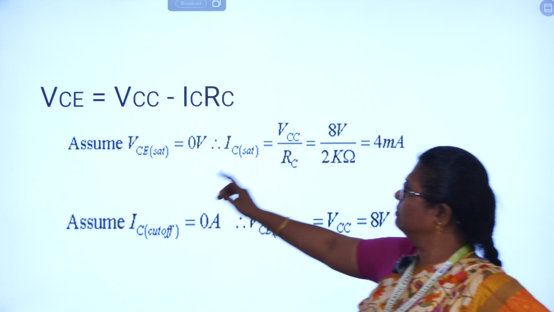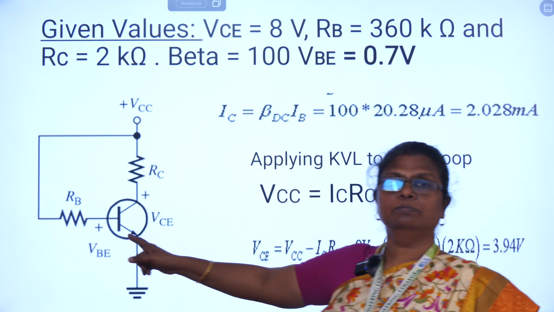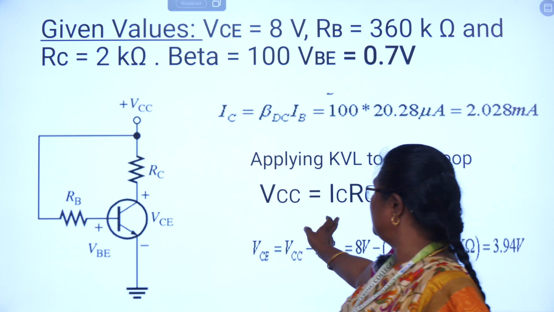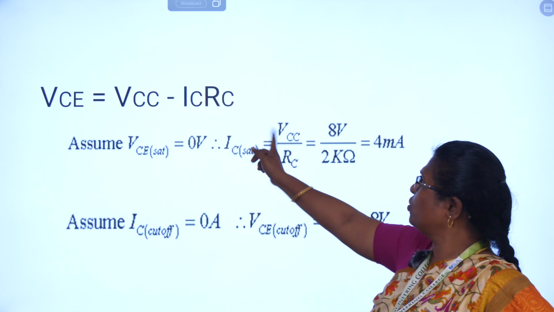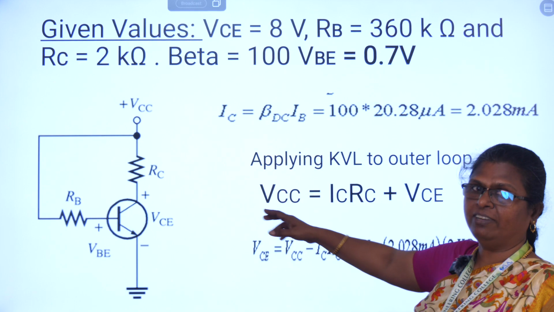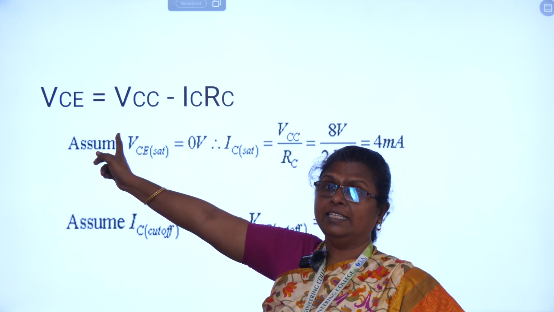So here, by applying the KVL to the outer loop, VCC equals IC RC plus VCE. We are taking this equation and rearranging. VCE we are taking to the left hand side, and VCC minus IC RC.